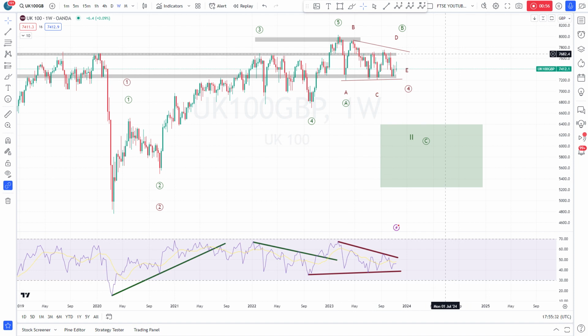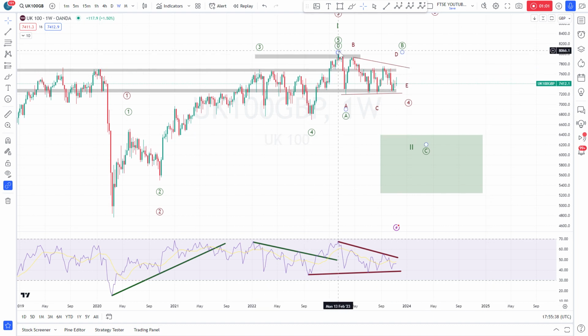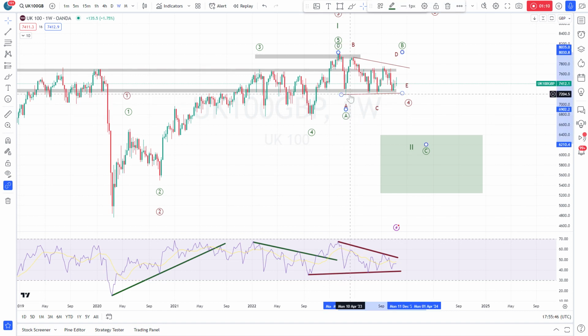So the bearish scenario in green shows that we made a wave one high right here, and that we had our wave A down right here, that we are now having a corrective wave B, which is this price action right here.